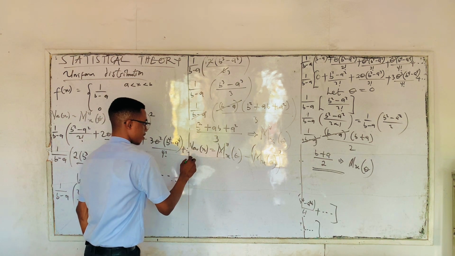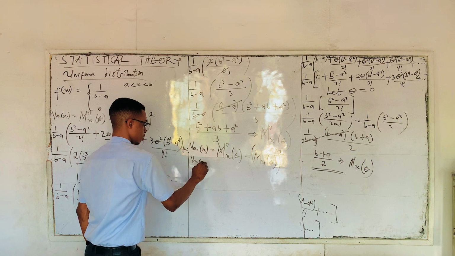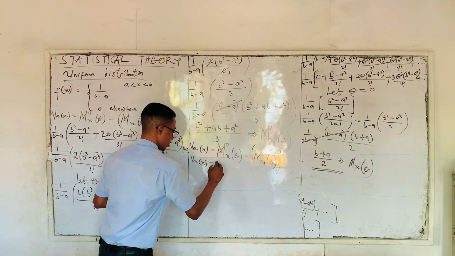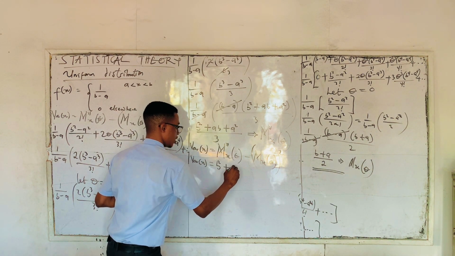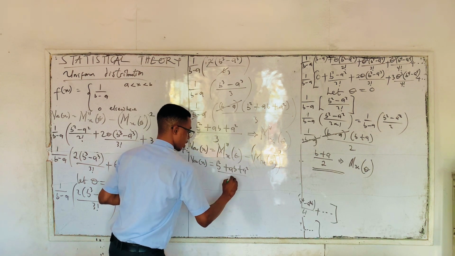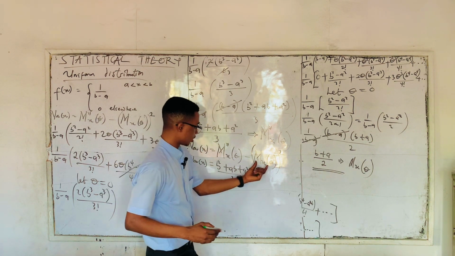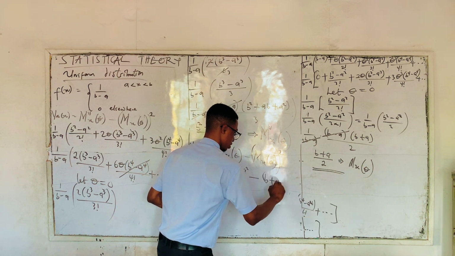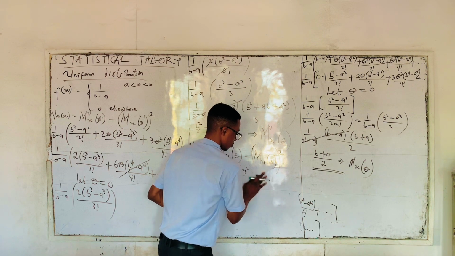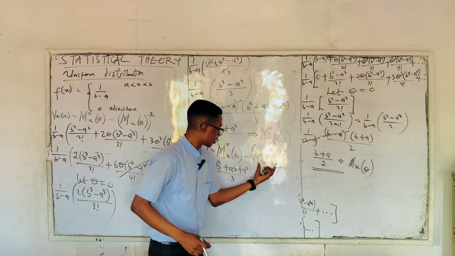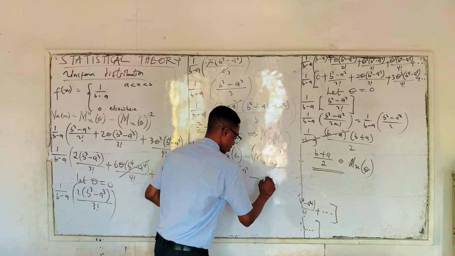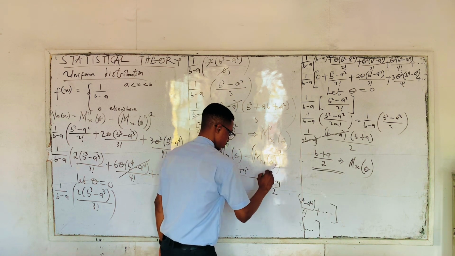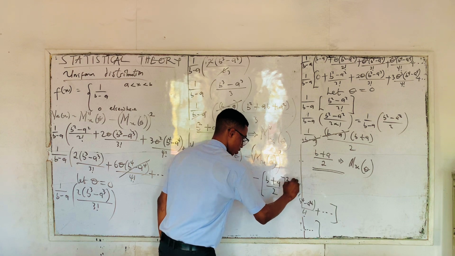So we have var x is equals to this, which is b squared plus ab plus a squared over 3 minus this, which is b plus a over 2. But don't forget that it's squared, so we need to square it.